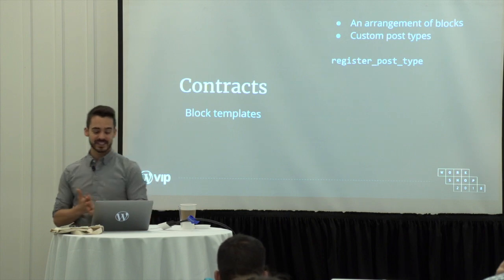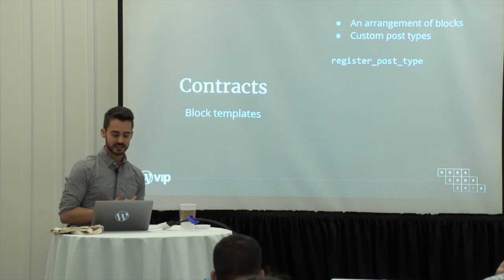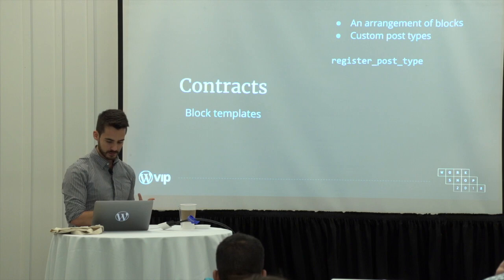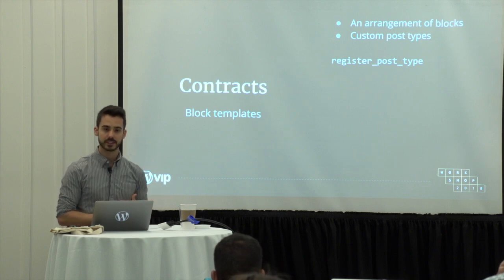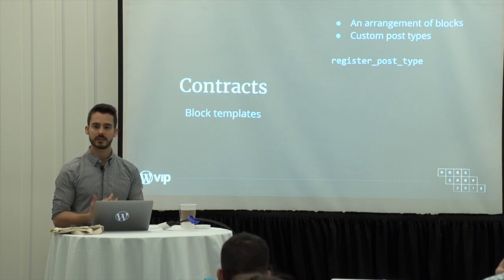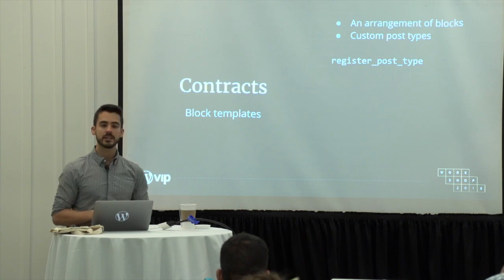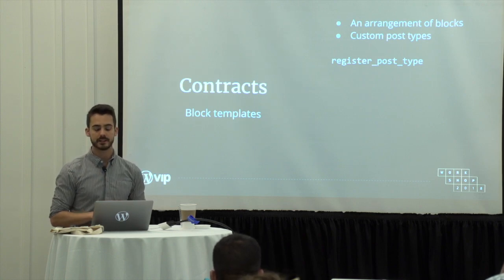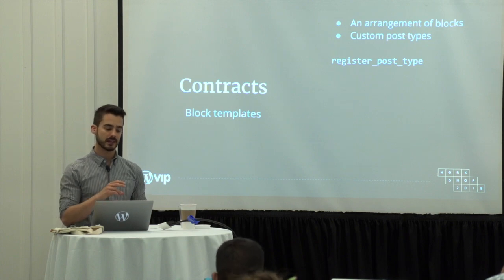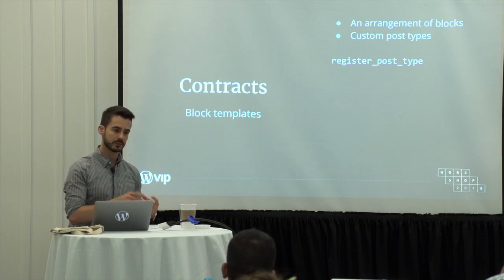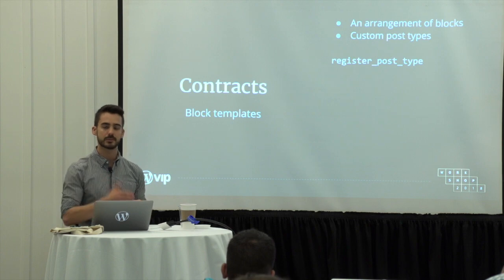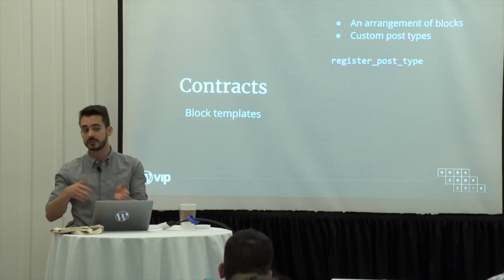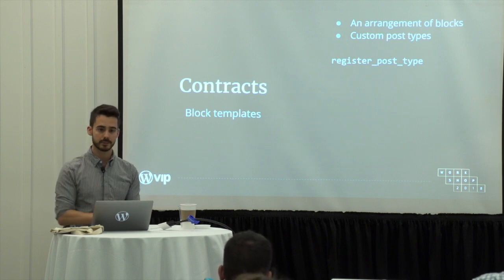Sorry. So templates are specific arrangements like we mentioned earlier. They come with validation, the same way that blocks themselves have validation. If I'm using a custom post type that has a certain template that goes with it, and somehow, even though I had locking for that template, meaning that a user is not supposed to be adding more blocks, maybe the user edited the source elsewhere and added a block.